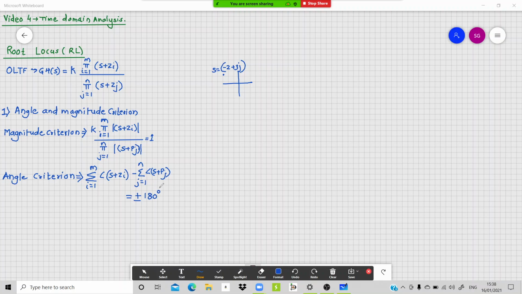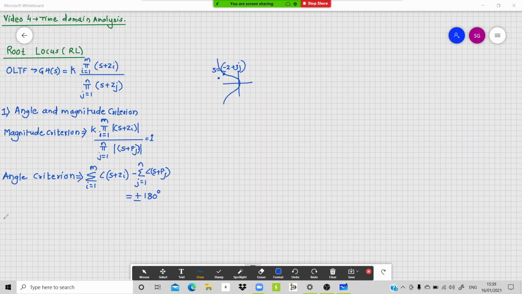Okay, plus or minus 180 and multiples of that. As soon as this is satisfied, you will be able to say yes, this particular point is lying on the root locus. If you are not getting 180, your point is not lying on the root locus. Okay.